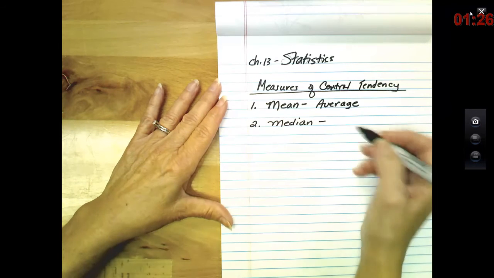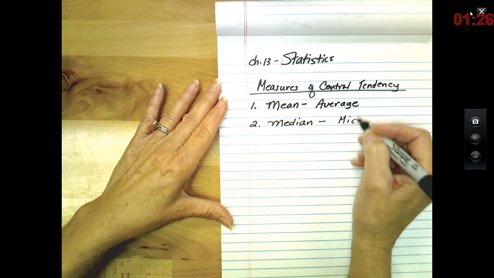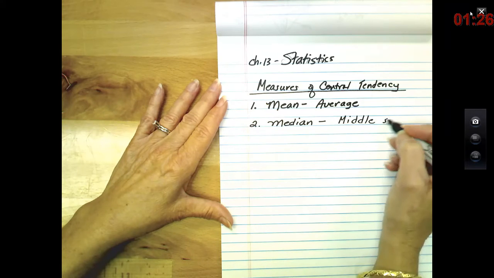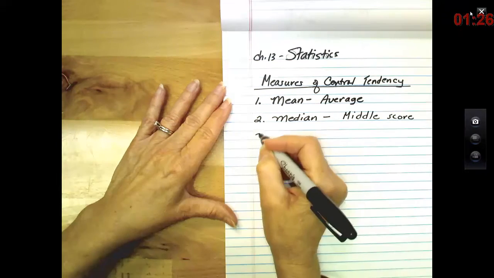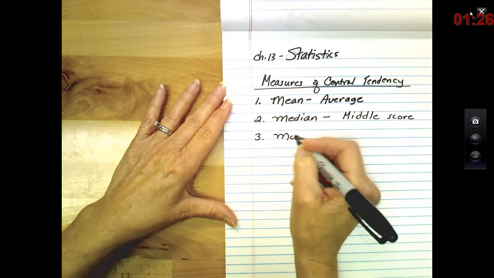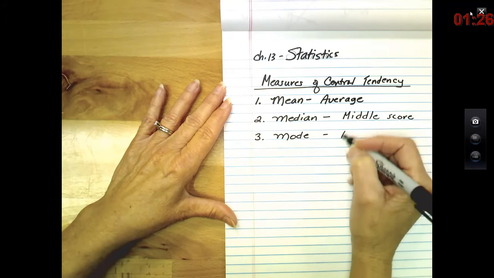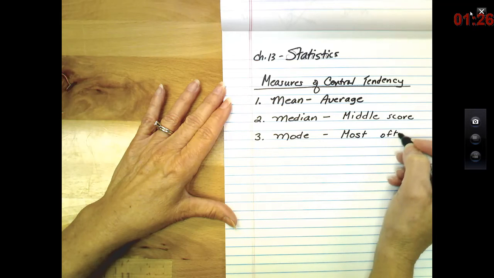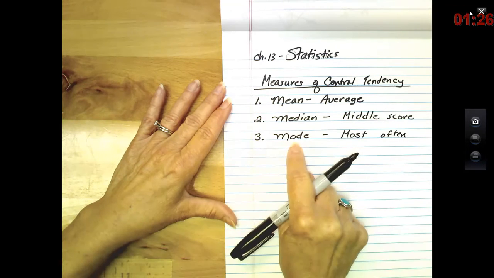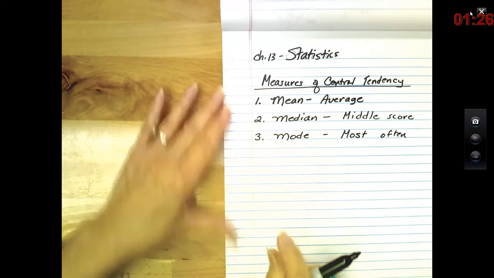In the middle. Okay, so this is the middle score. Next is the mode, the score that occurs the most often. And the MO will remind you of that, most often.